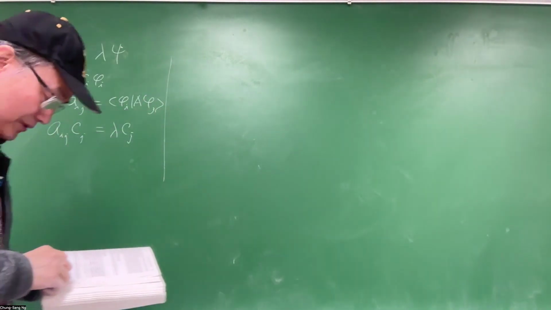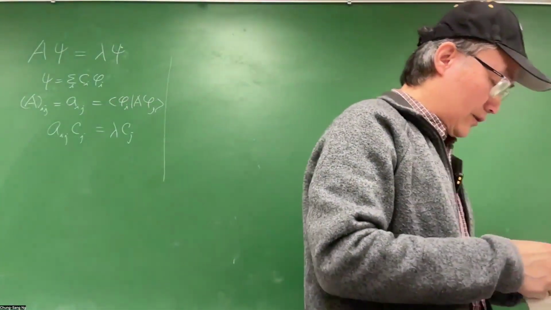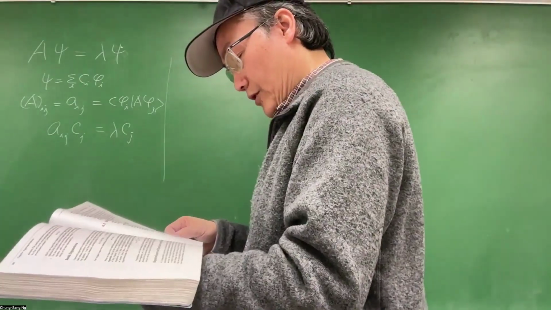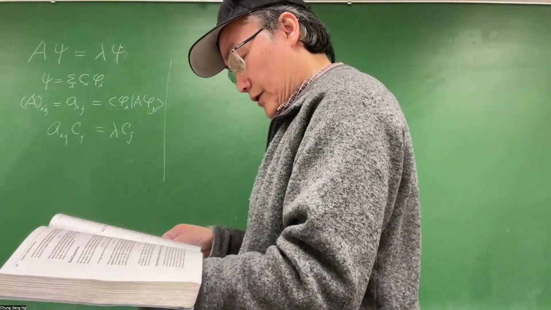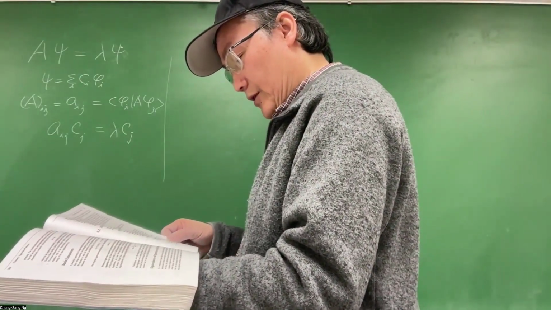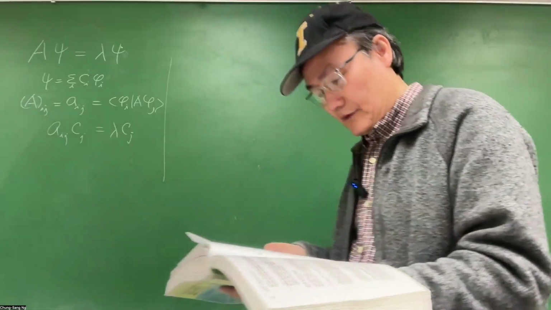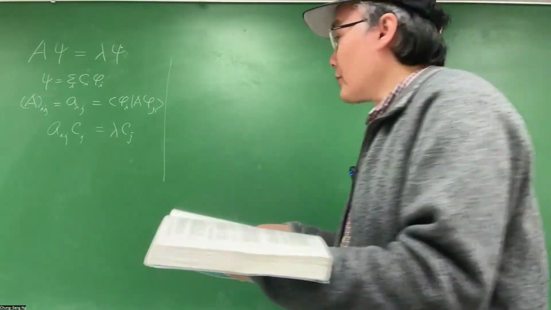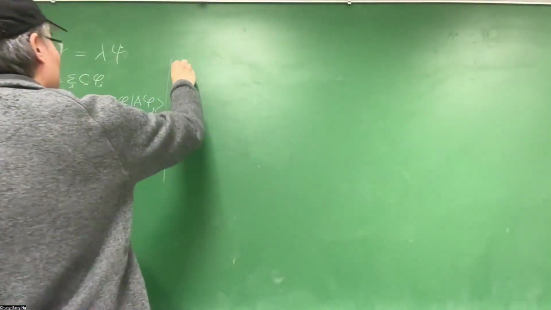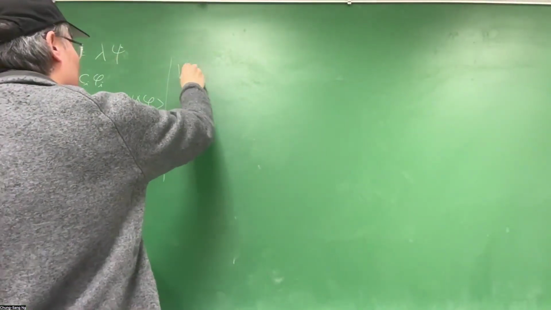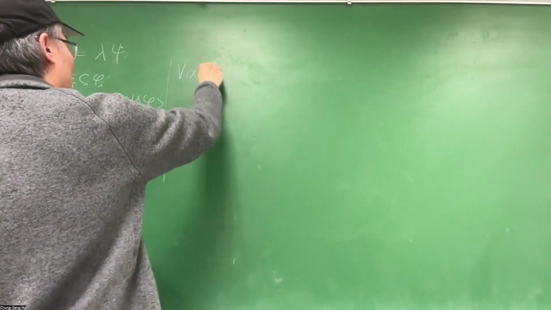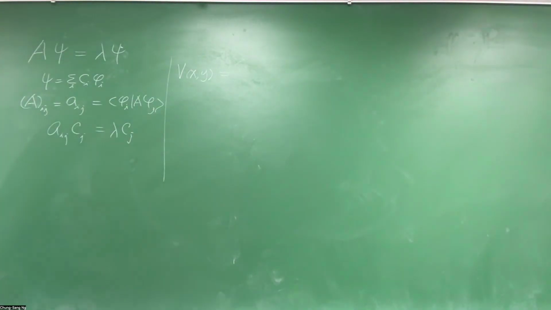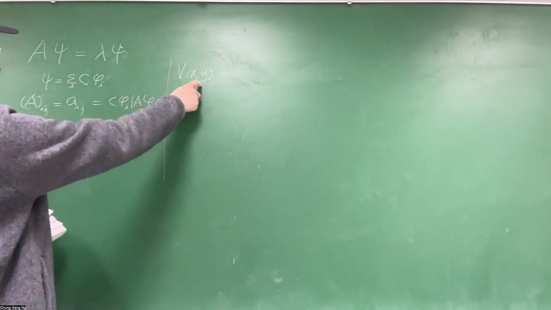So the first example in section 2 is a minimization problem, or a particle in a potential well problem. It's a classical problem. So you have a potential V that depends on coordinates x, y.